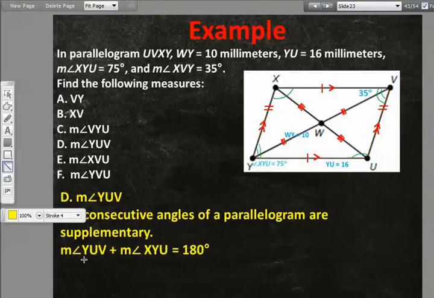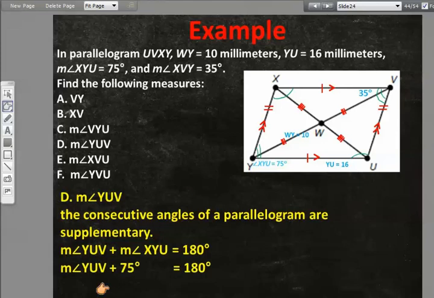So you can put in there that the measure of angle YUV plus XYU is going to equal 180 degrees. XYU we know is 75 degrees, so we just plug that in, and then we subtract 75 from both sides. We're going to get the measure of YUV is 105 degrees.